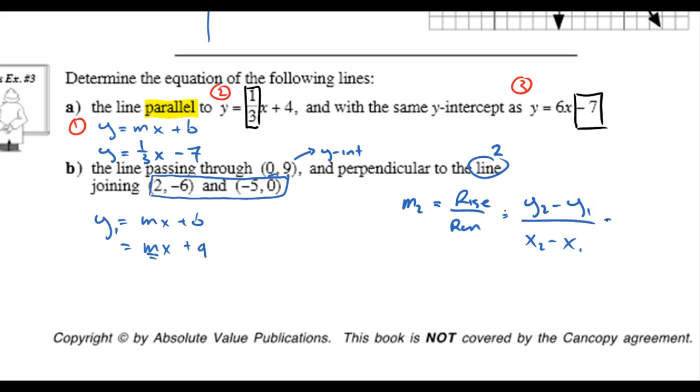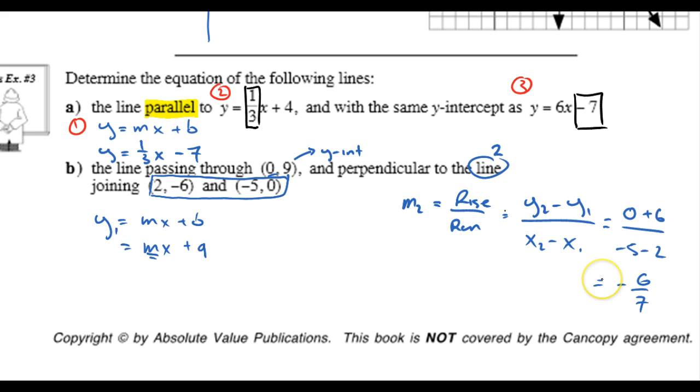Okay, so let's go ahead and plug my numbers in. I have 0 minus negative 6, so 0 plus 6, and negative 5 minus 2. Oh, excuse me, minus 2. And that comes out to be 6 over negative 7, so right there.